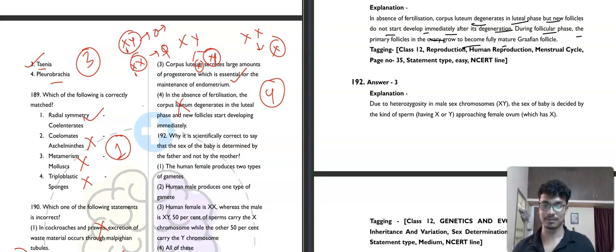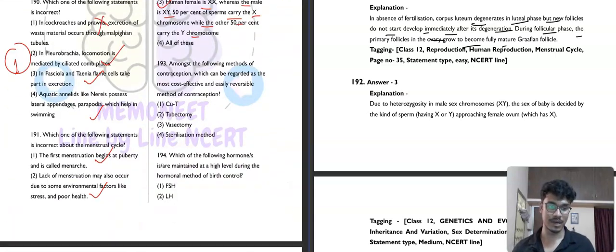So you can see in question 192 that human female is XX and the male is XY. 50% of the sperms carry the X chromosome, while the other 50% carry the Y chromosome. So the third option will be your correct answer.